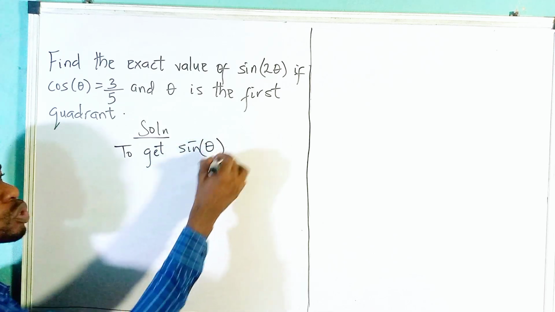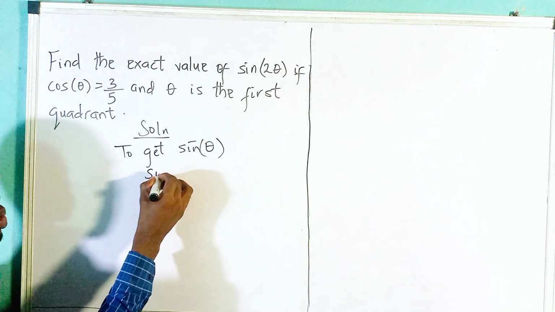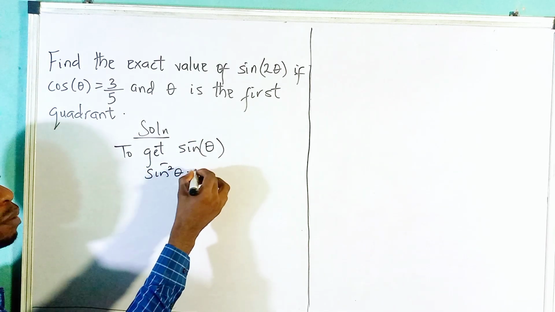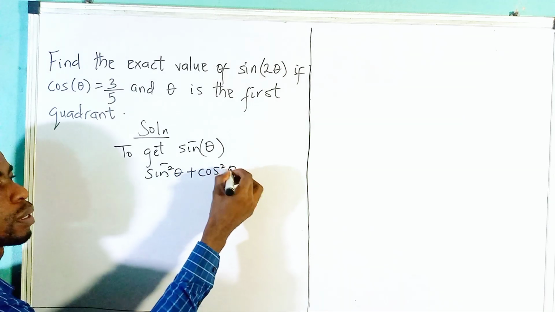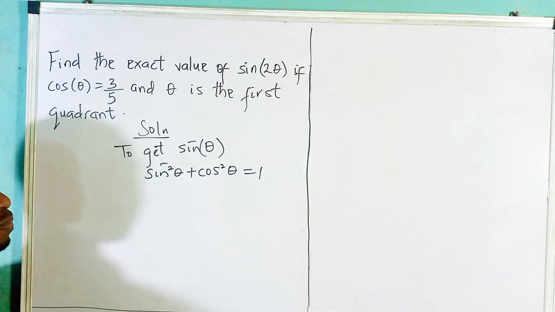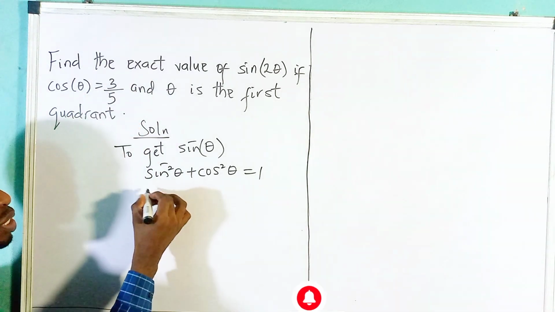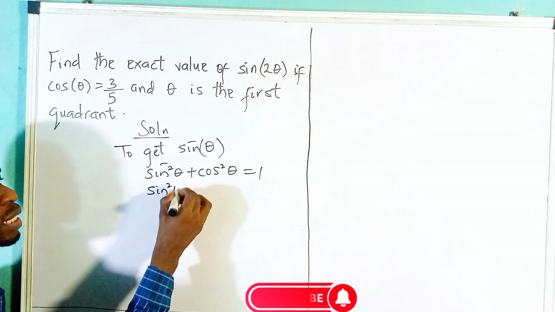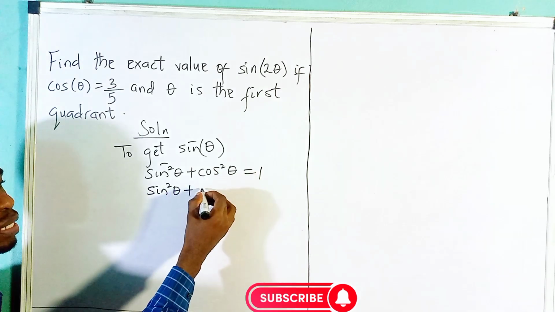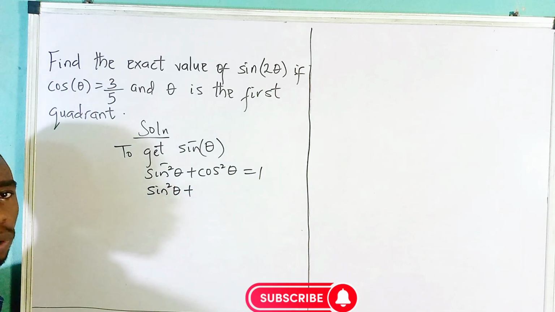I'll be making use of the trig identity sine square theta plus cos square theta equals 1. Now, from our question, cos theta is 3/5, right? So cos square theta is cos theta all squared.